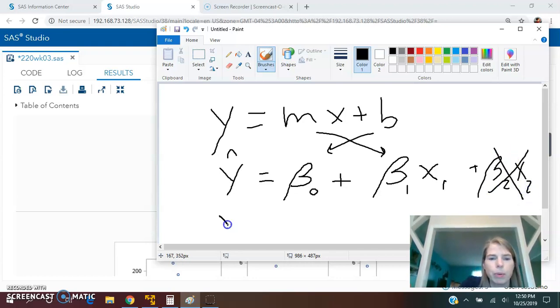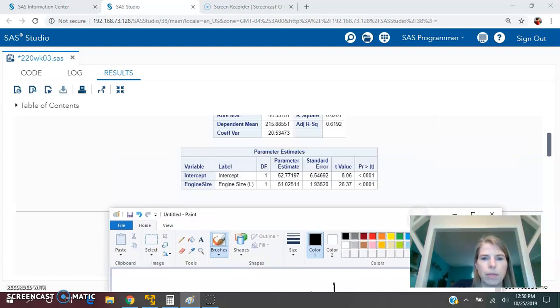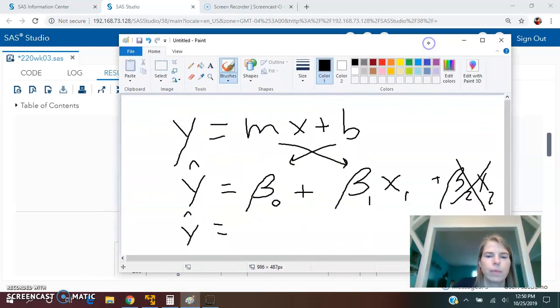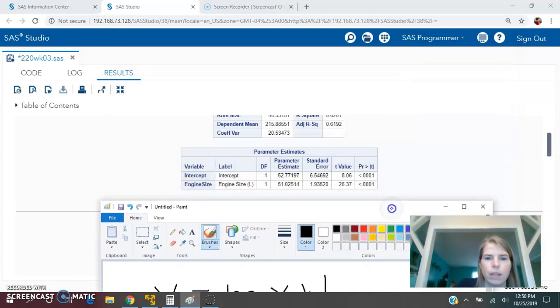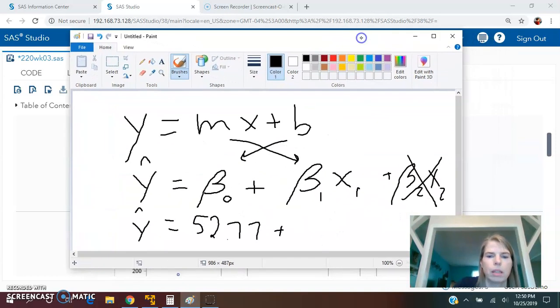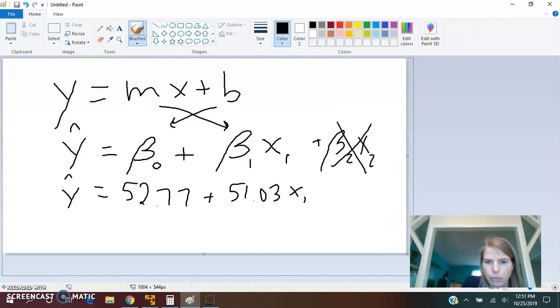All right, so now I'm going to put our numbers in. Let me see what those were. The intercept is 52.77, approximately. And my coefficient for engine size is 51.03, approximately. And let me expand this and write in the variables just so this has a little bit more meaning.